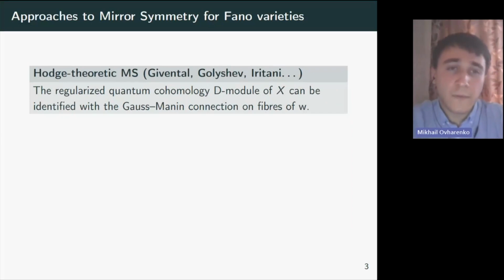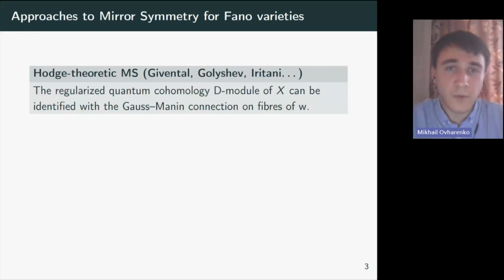From the point of view of Hodge theoretic mirror symmetry, on the one hand, we can consider a Fano variety as a symplectic manifold, and we can consider its quantum cohomology as a D-module. On the other hand, we have a family defined by the function W, and we can look at the homology of its fibers.